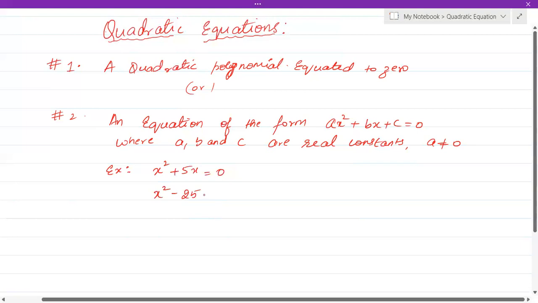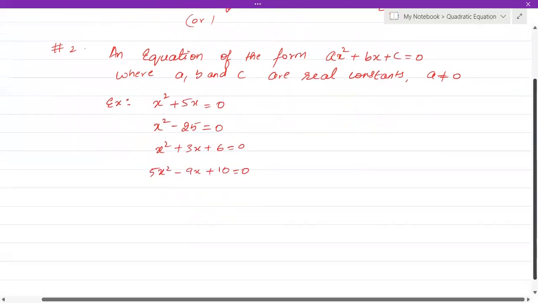If I equate it to something, in particular, if I equate it to 0, it becomes an equation. Or let's take x square plus 3x plus 6 equal to 0. All these are quadratic equations. Or let's take 5x square minus 9x plus 10 equal to 0. All these are examples of quadratic equations.